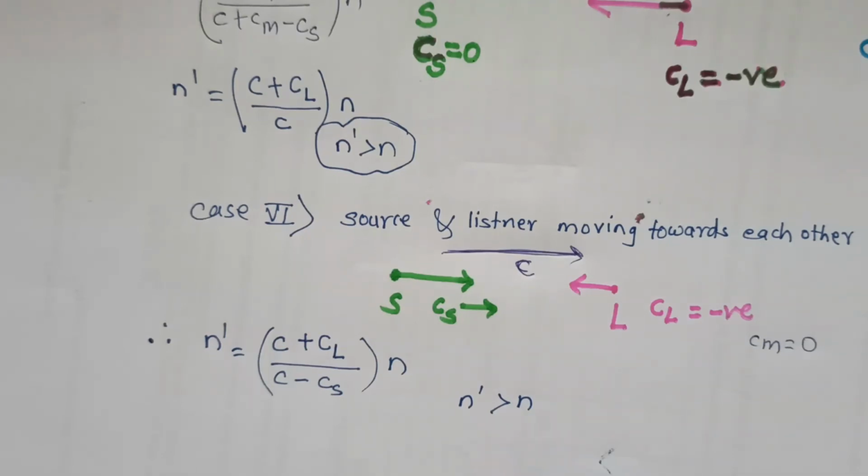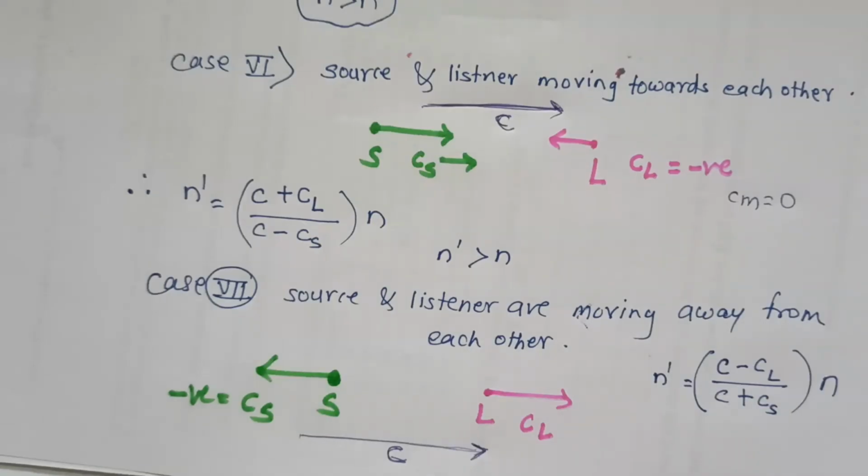Case 7th. Source and listener are moving away from each other. The source velocity is cs and it moves away from the listener, therefore its velocity is negative. The listener L has velocity cl. The medium is considered stationary.